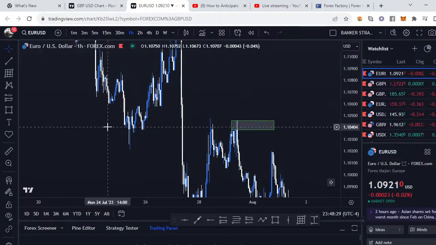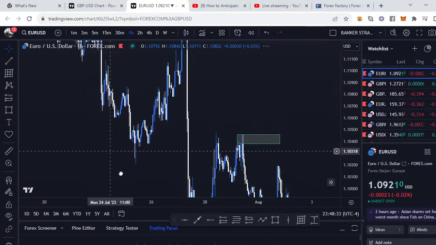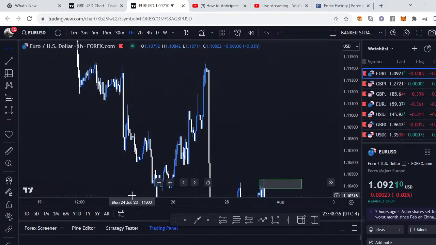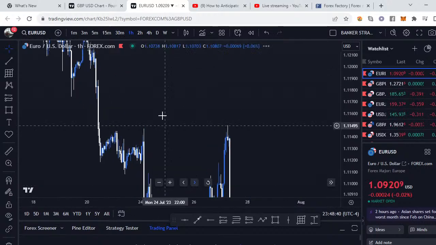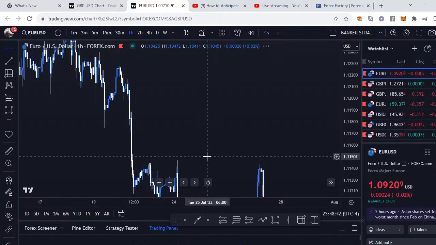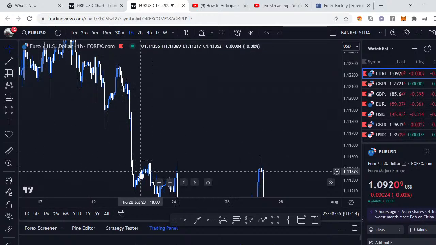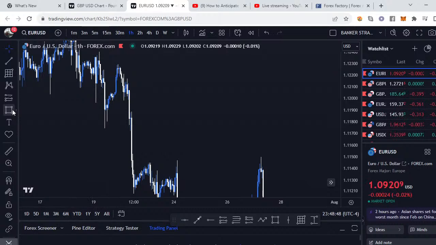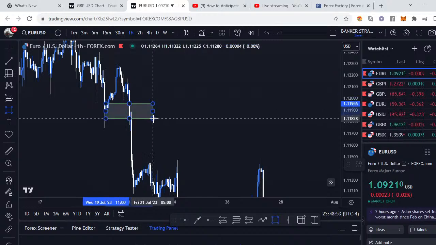Not all order blocks are strong, by the way, but you'll be able to target which ones are strong and which ones aren't. There's different types also. So you have the regular order blocks. I'm going to teach you the breaker blocks.